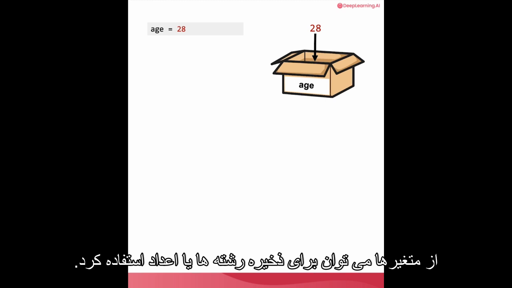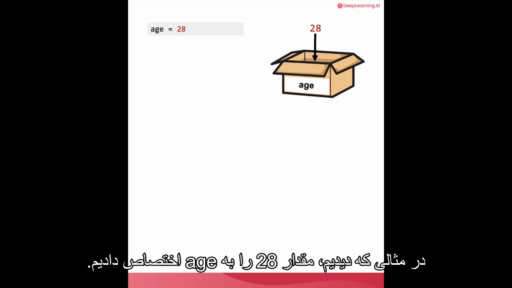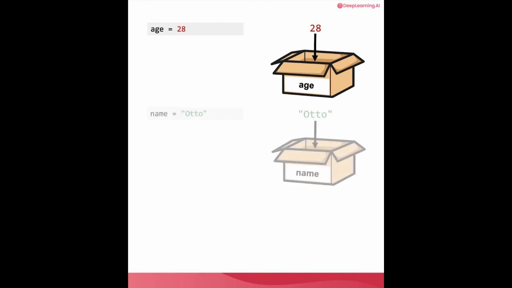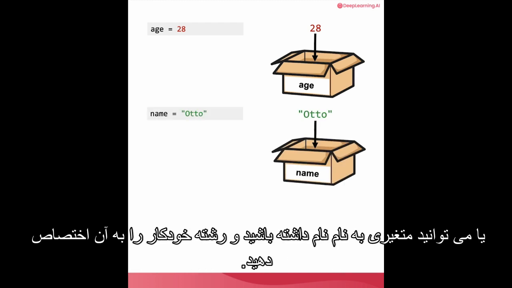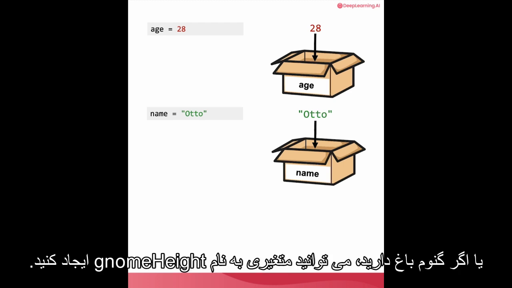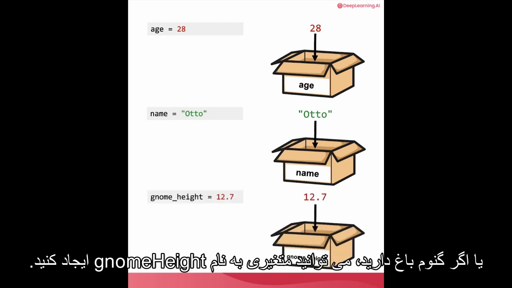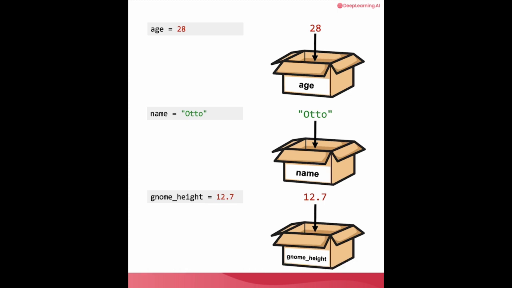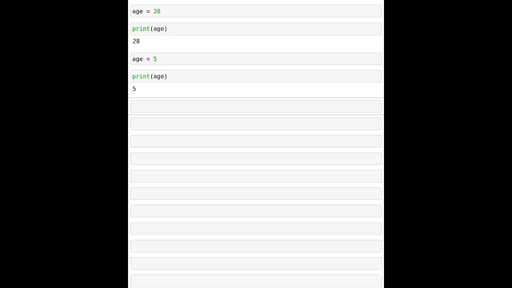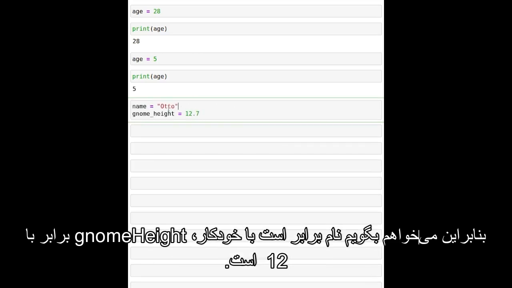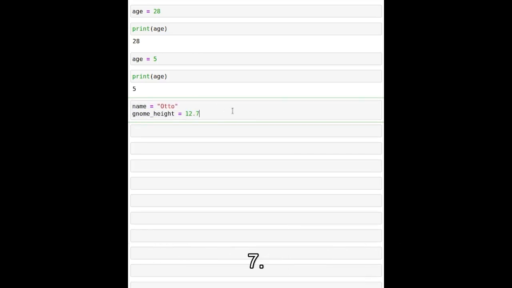Variables can be used to store strings or numbers. In the example we saw, we assigned the value 28 to age, or you can have a variable called name and assign to it the string Otto. Or if you have a garden gnome, you can create a variable called gnome height and save the number 12.7. Let's take a look at how this works in code. So I'm going to say name equals Otto, gnome height equals 12.7.